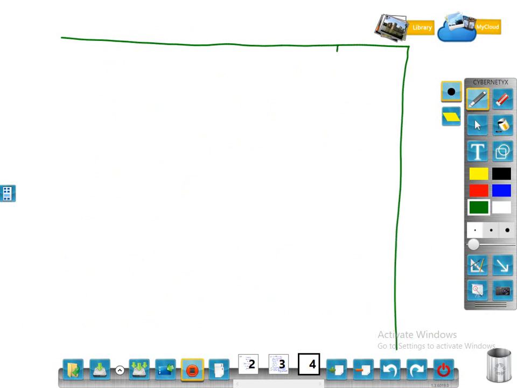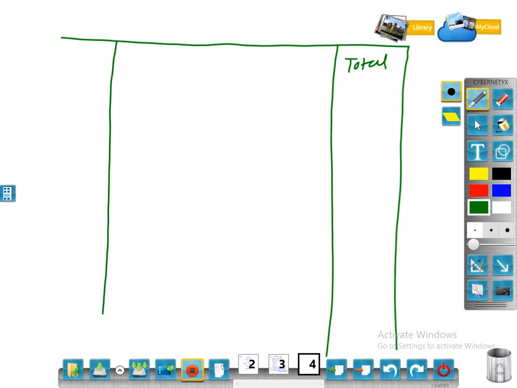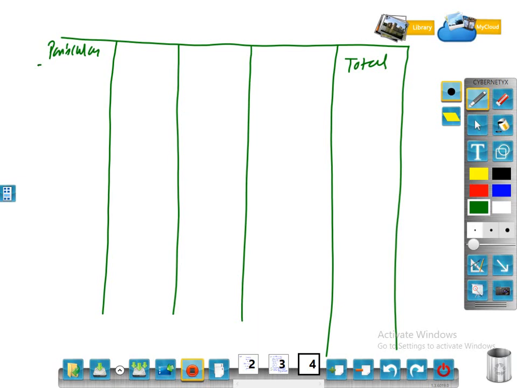The first column is particulars, the last column is total, and in between are the three partners, Mr. A, Mr. B and Mr. C. You have to write their ratio also, 5 is to 3 is to 2.